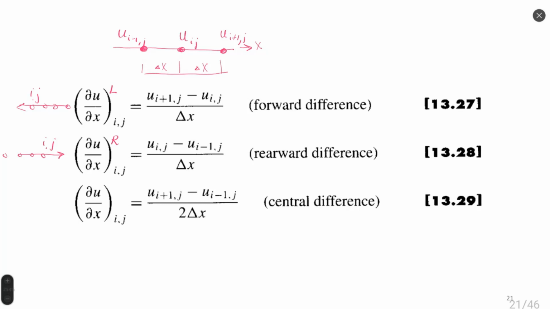Okay, we can write in general that the real derivative which we would like to use in our equation system would be du by dx equals some coefficient alpha multiplied by du by dx calculated in the left direction plus (alpha minus 1) times the derivative du by dx calculated in the right direction.